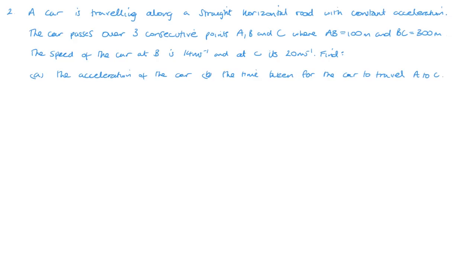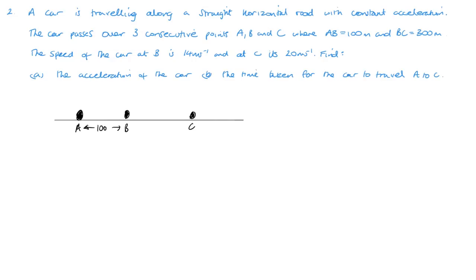Okay, so let's just sketch what's happening. And like I said, sketching is good to get into good habits with, because when you get to the more complicated questions, the sketches really help. So that's B, and there's 100 meters between these.